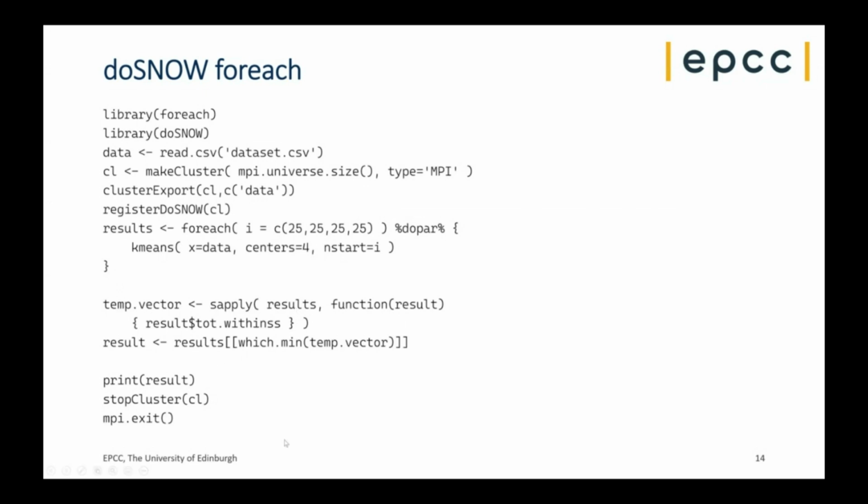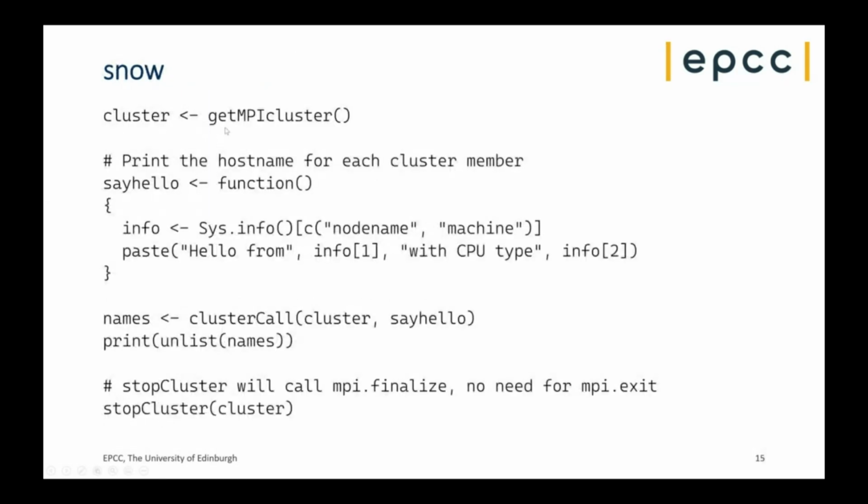So again, once we've done this transformation of the code into something which can run multiple times, then we're able to use different kinds of libraries to run across different kinds of infrastructures.